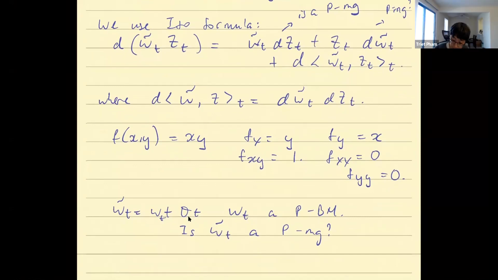No. Why? Because it has a drift part right here. W T is a P martingale because it's a Brownian motion. But the drift exactly is what spoils it, because W T has zero drift. So it's a martingale, but with this, it's not. So in other words, this is not a P martingale.